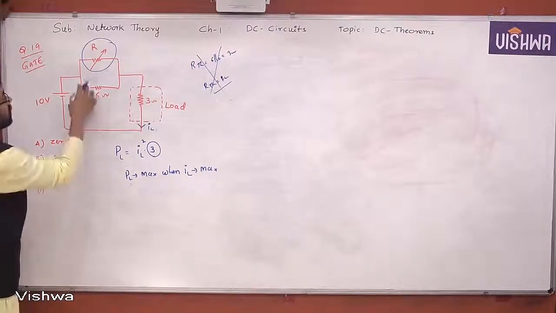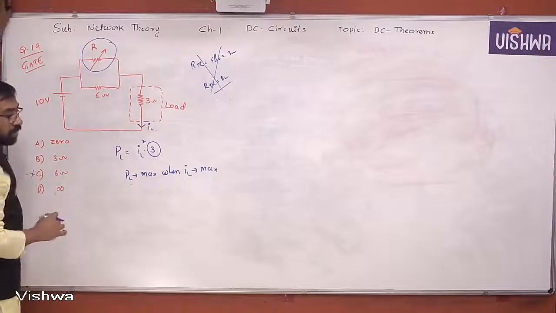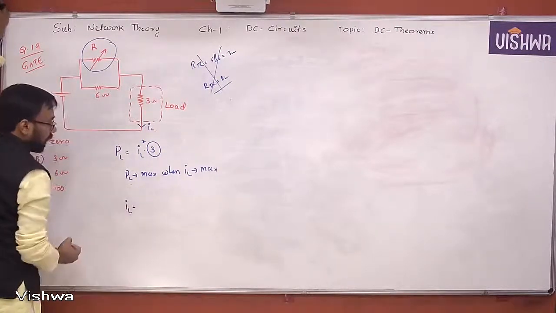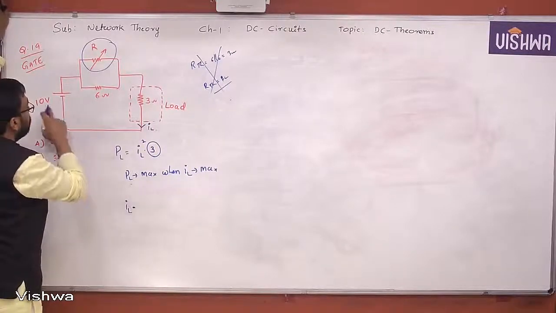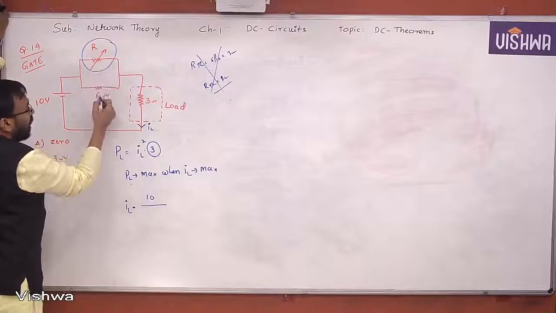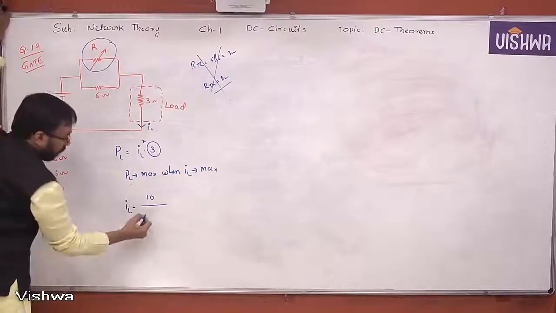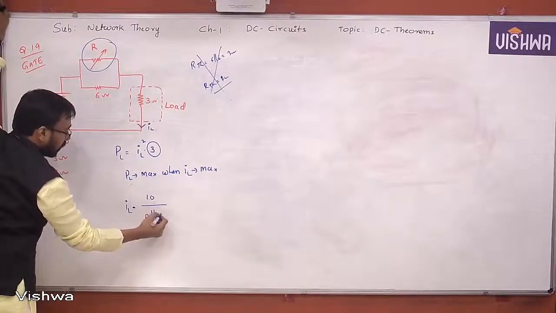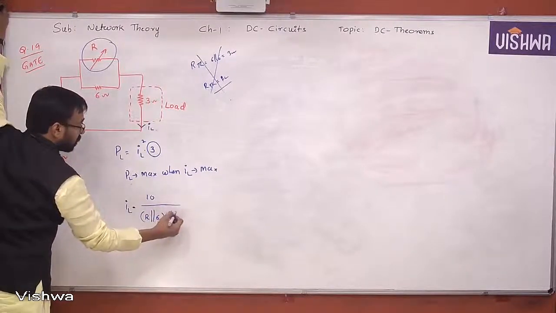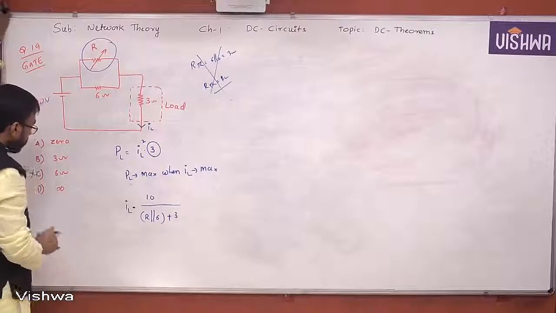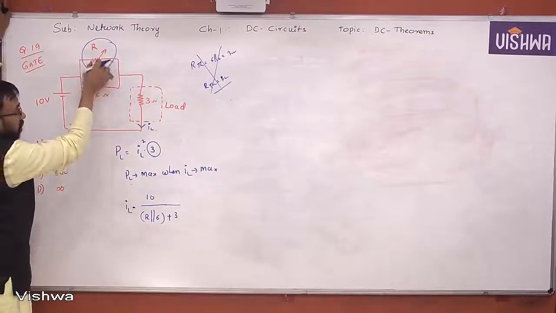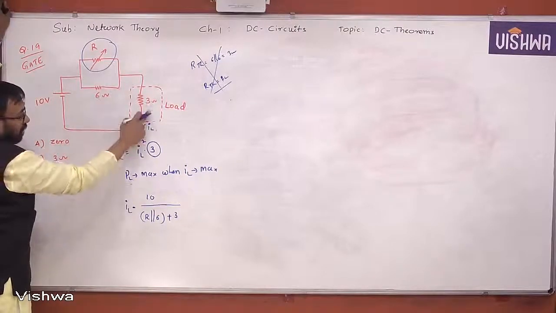So let us see that. What is it? For what value of this capital R that current is going to be maximum? You see that IL will be 10 volts divided by R parallel 6, yes or no? Plus 3 ohm. Now suppose if I substitute infinity here, this is open, then 6 and 3 will be in series.